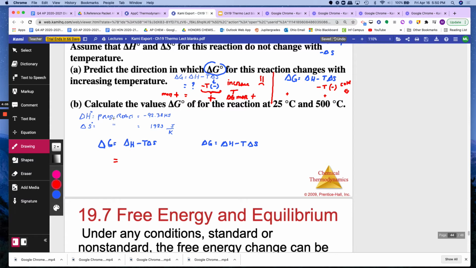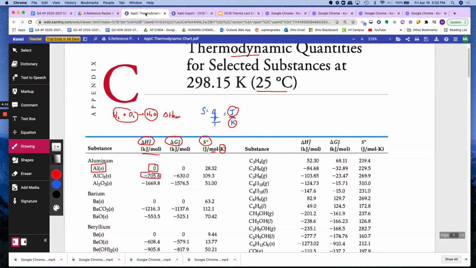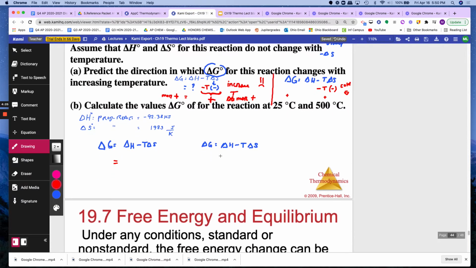Delta H. For this reaction, what you need to do is look at the thermodynamic chart. You're going to look at this right here and going to do products minus reactants. To get delta S, you're going to do products minus reactants. Okay, I did that for you ahead of time to save space here and time also.